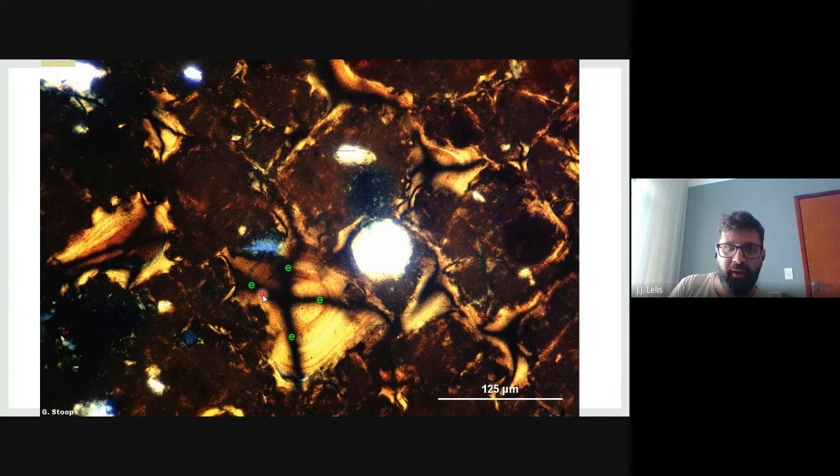We can talk about extension lines in the next class when we discuss specifically how micromorphology analysis can help us a lot to understand how these materials were formed. But for now, you just need to understand that these black lines that we call extension lines are only formed when the clay materials were deposited in the same direction.